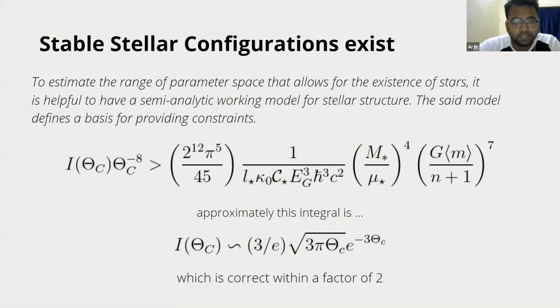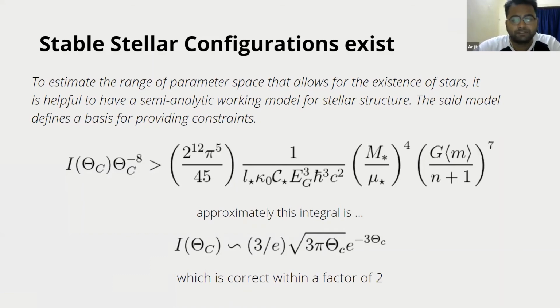C star is a nuclear reaction parameter, with a value of approximately 2 into 10 to the power minus 3 for our universe. M star is, as we used earlier, the standard stellar mass, which equals alpha g to the power minus 3 by 2 into mass of proton.